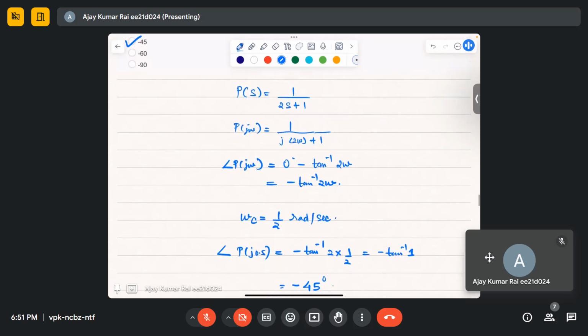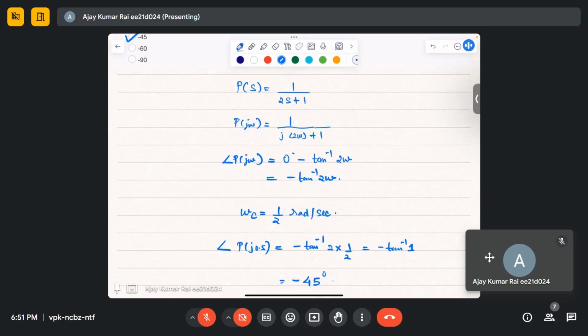I think this is also very simple. You know how to find the phase of a transfer function: individually find the phase for numerator and denominator. In our case the numerator is 1, and the phase of 1 or any positive value is 0. For the denominator the phase is tan inverse of imaginary part by real part, but since it is in the denominator, there is a minus sign.